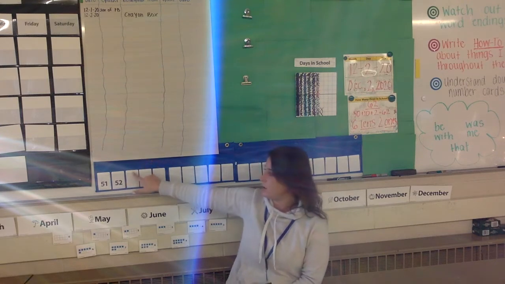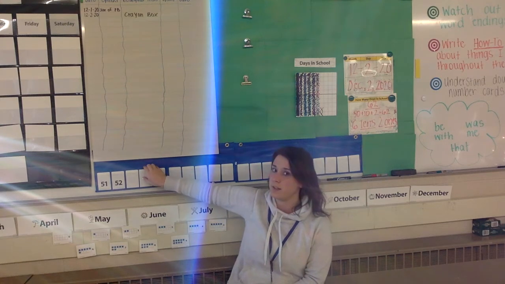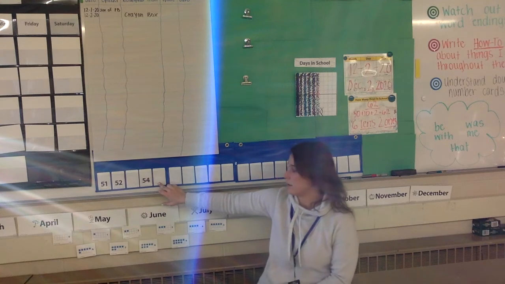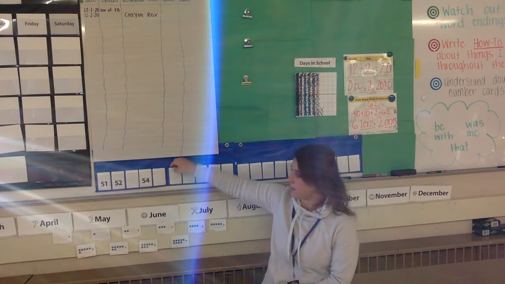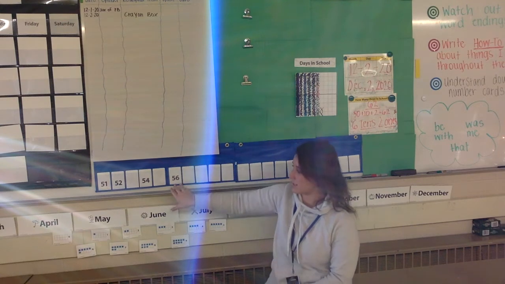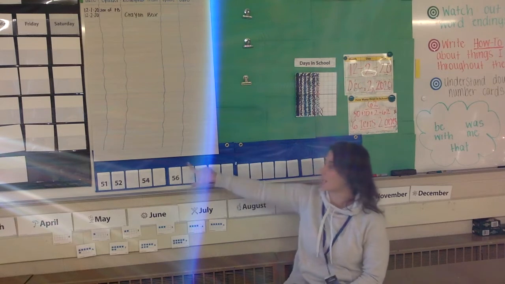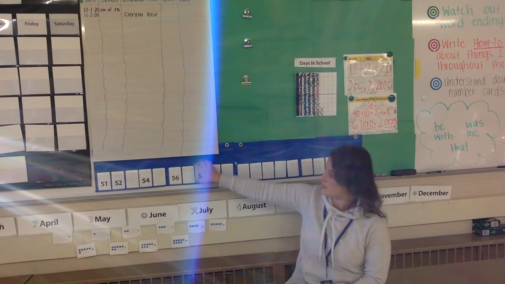So 52, skip 1, what goes under here? 54. What if I skip another one and I come here? 56, good. I want to skip another one. What comes next? 56, 58.